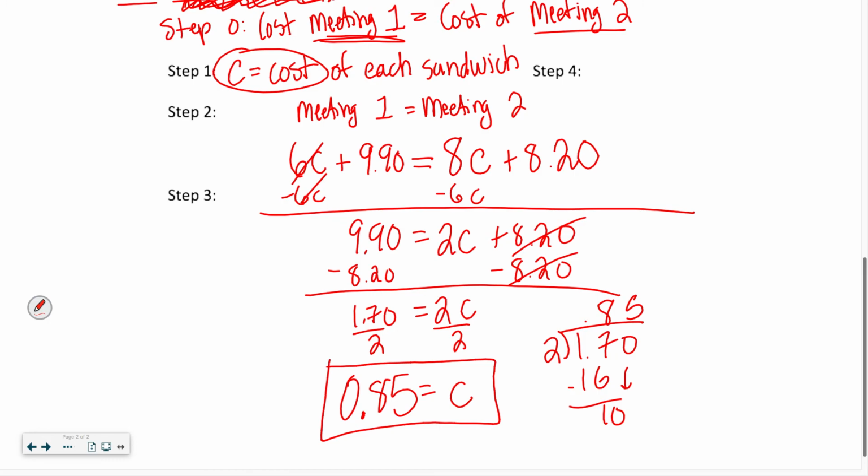All right, you can go back and check your work by, in step 4, plugging in 0.85 into your original equation. And it's okay to use a calculator for that. 6 times 0.85 plus 9.9 equals 8 sandwiches times also 85 cents plus 8.2 for the beverages.